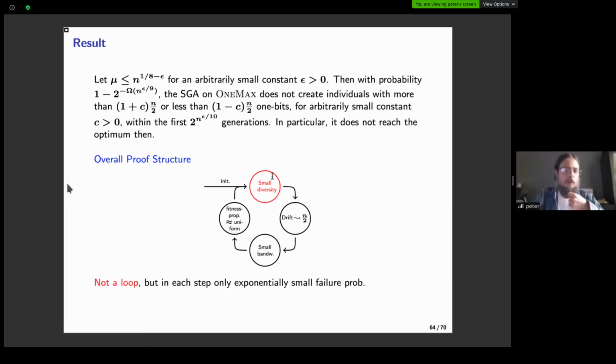So we have small diversity. And this process holds, we can show with exponentially small failure probabilities, for an exponential time. And it allows us actually to show that the algorithm remains with more or less n/2 1 bits for an exponential number of steps.